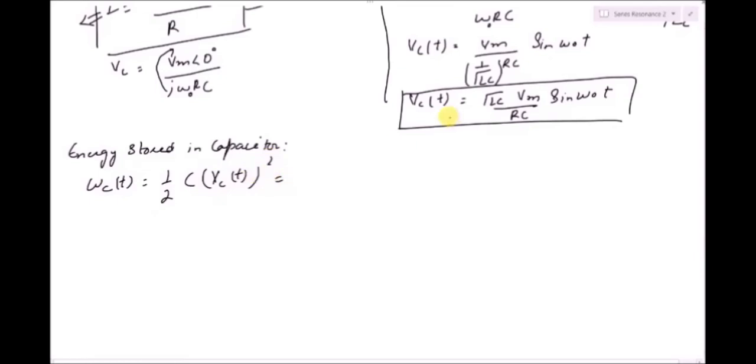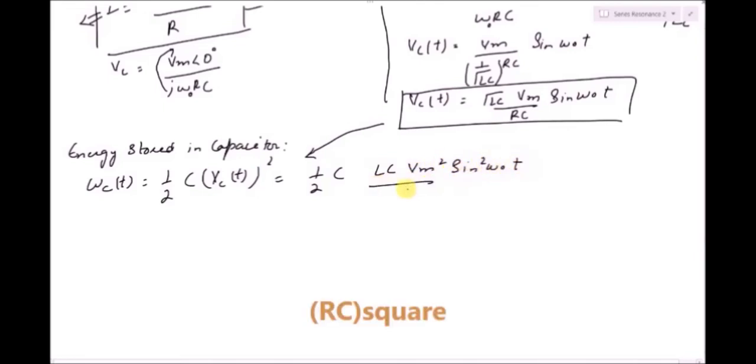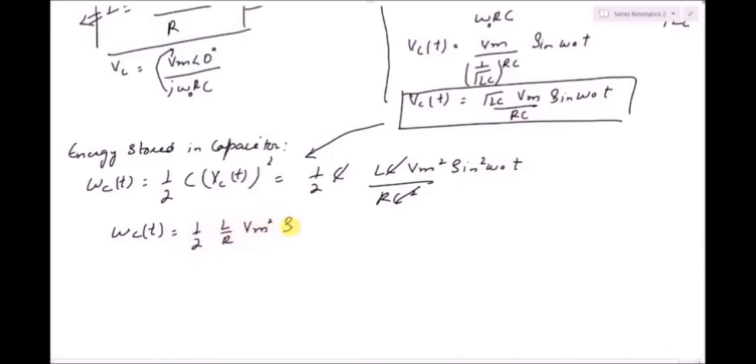If I put this equation in the equation of energy of the capacitor, that will be half C LC Vm square sine square omega naught t over Rc square. So this will cancel out, and the final formula for the energy of the capacitor is half L over R Vm square sine square omega naught t.